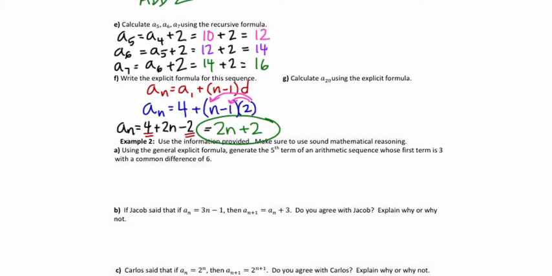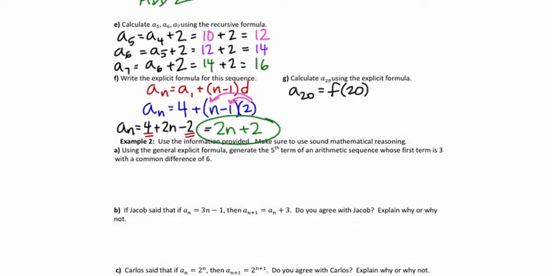Now using this, let's calculate the 20th term, so a sub 20. So a sub 20 is the same thing as plugging in 20 to our explicit formula.